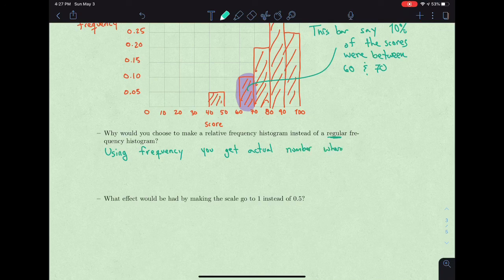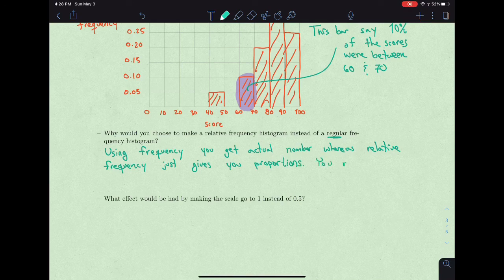Whereas relative frequency just gives you proportions. So that's what's happening. Why might you choose one over the other?